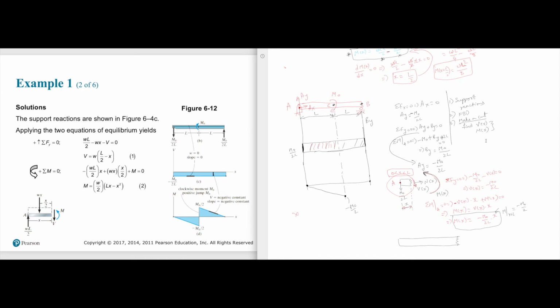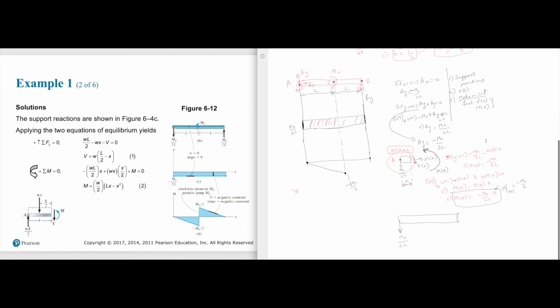At A, you have A_y going down, which is M naught times L over, no, I think M naught over 2L. Am I right? Yeah.